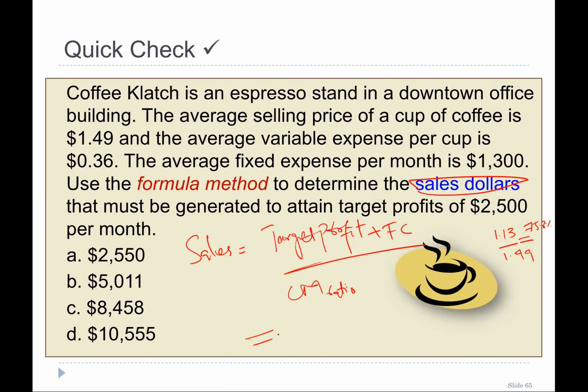Now we can find out easily that target profit is 2,500. Fixed cost is 1,300 divided by 0.758. What is the answer here?